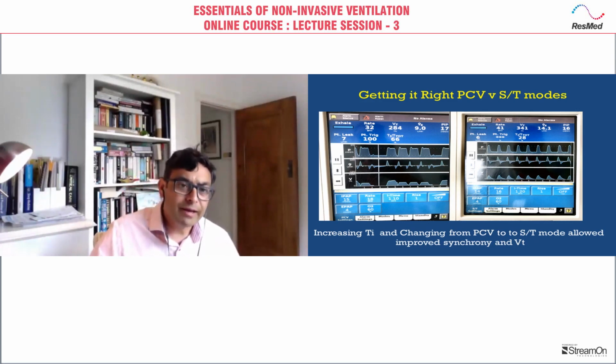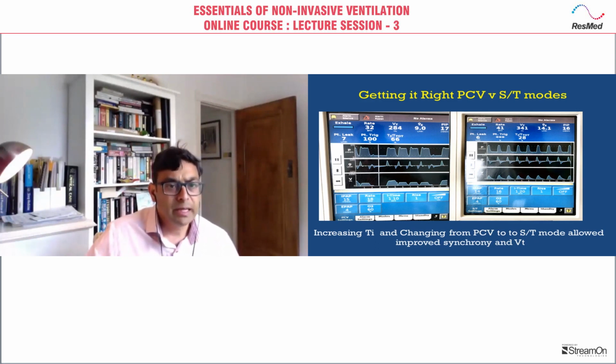On the left hand side, we can see that a patient is in pressure control setting. You can see we are trying to set everything, but the patient is doing all the work himself because the setting is not right. You can see patient trigger 100%.